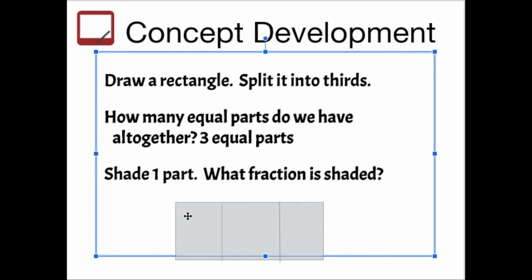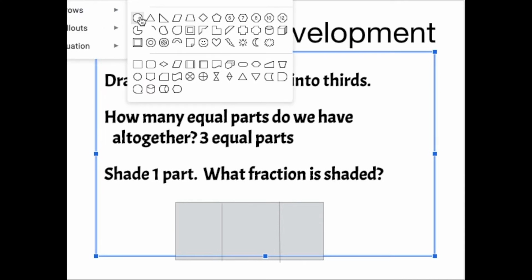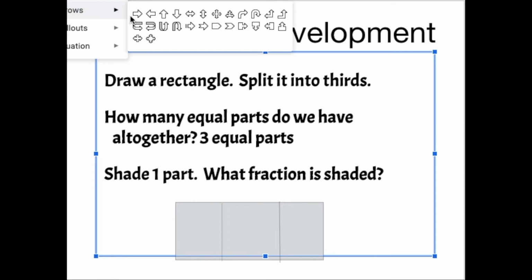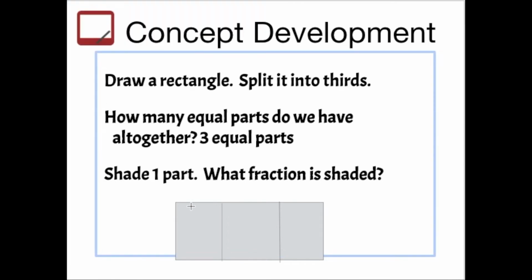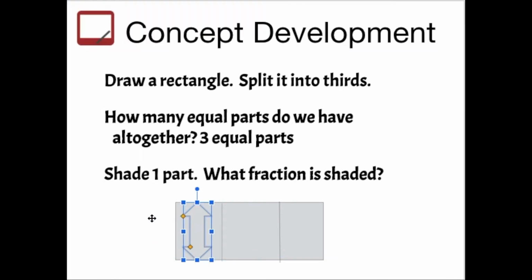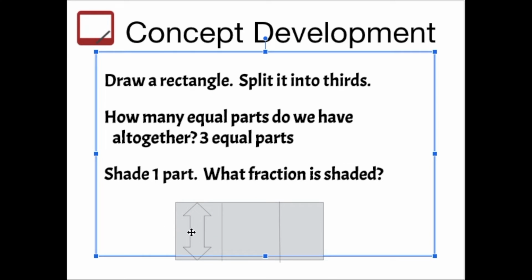Let's pretend I shaded in one part. What fraction would be shaded? Let's pretend that this is a shade. I shaded one part out of 3 parts total. I shaded 1/3 of my rectangle.